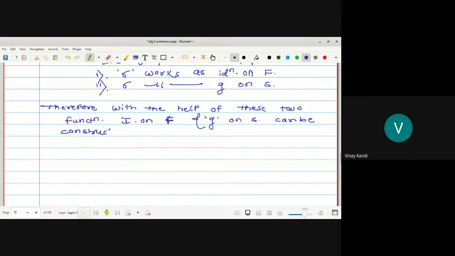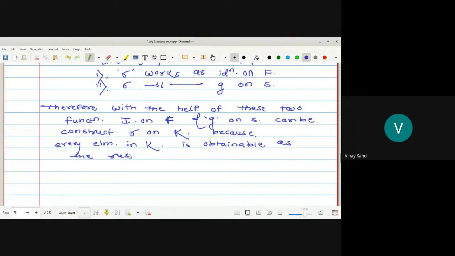Sigma on capital K. Okay, because why? Because every element in capital K is obtainable as a result of a finite number of operations. Which operations?